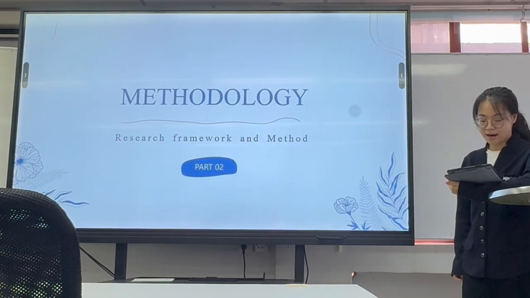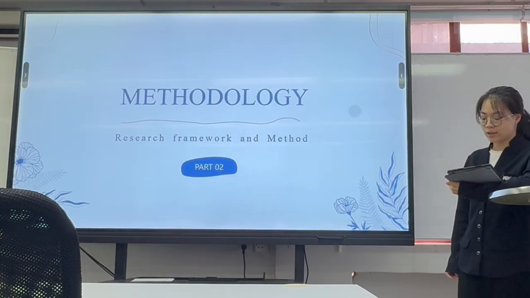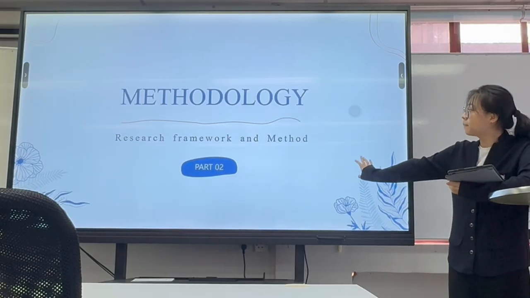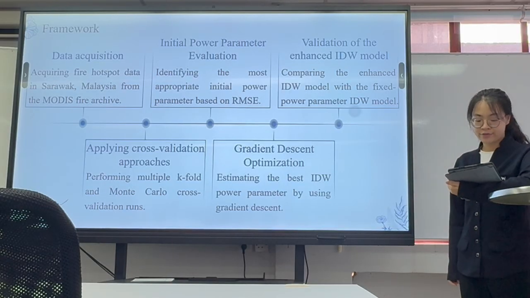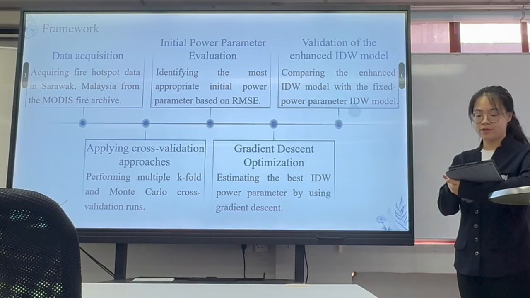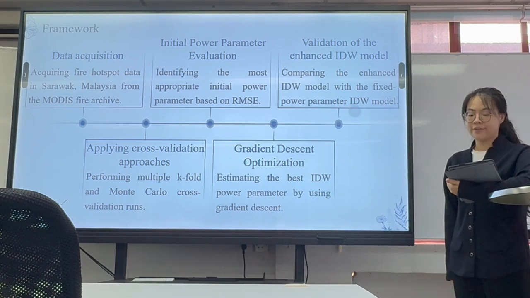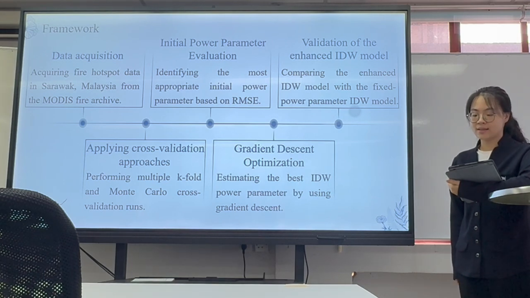Next, the second part is methodology, which includes the research framework and methods. The research framework consists of 5 main phases. First, acquiring the fire hotspot data in Sarawak, Malaysia from the MODIS fire product. Second, performing multiple K-fold and Monte Carlo cross-validation runs.